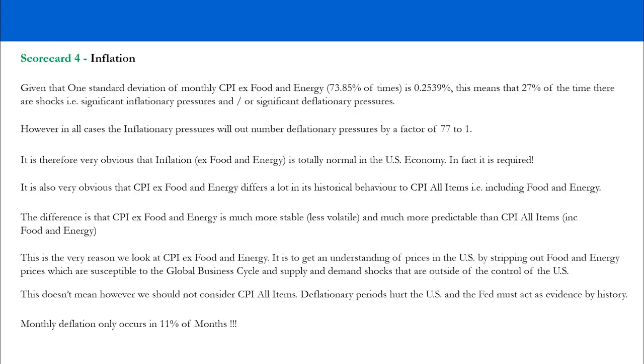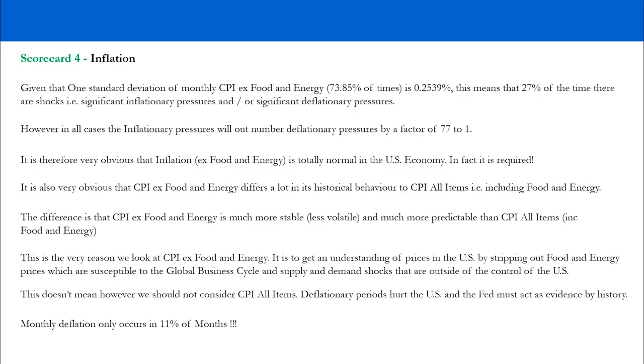It's also really obvious that ex food and energy stats differ a lot in their historical behavior to the CPI all items stats, so including food and energy. The difference is that CPI ex food and energy is much more stable, so less volatile and much more predictable. And this is the very reason why we look at CPI ex food and energy.